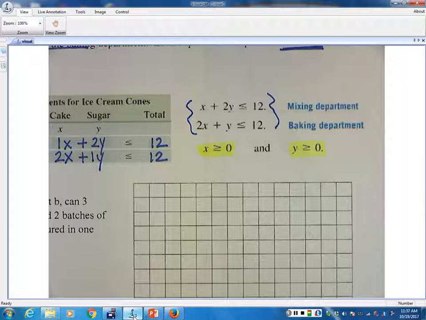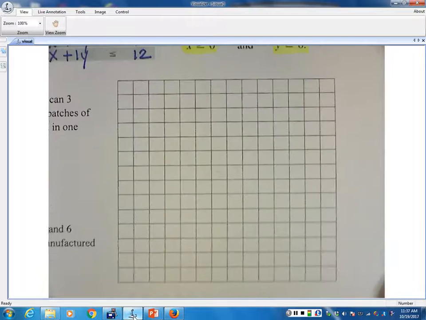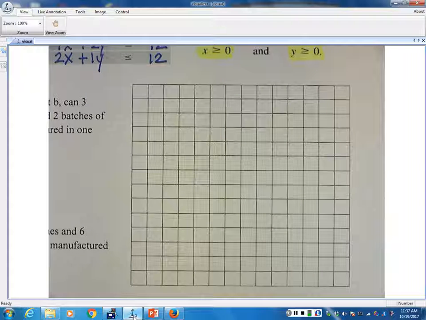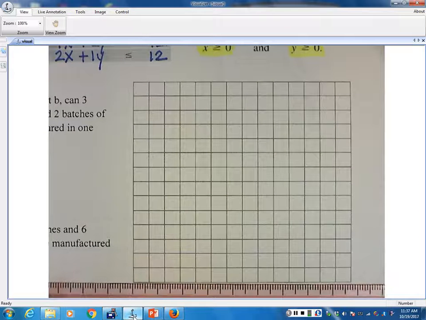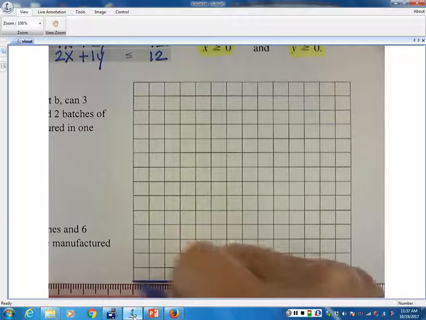So that tells us when we get ready to draw our graph here that it doesn't make any sense to include anything negative on x or y. So we're going to be in quadrant 1.